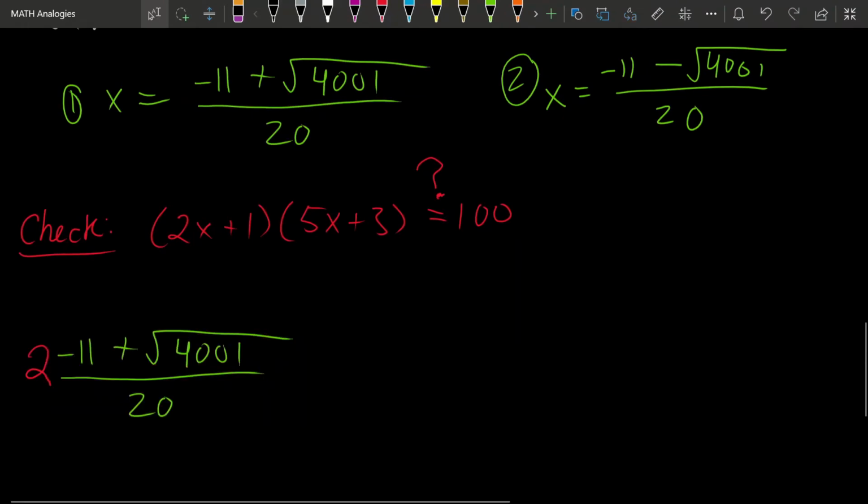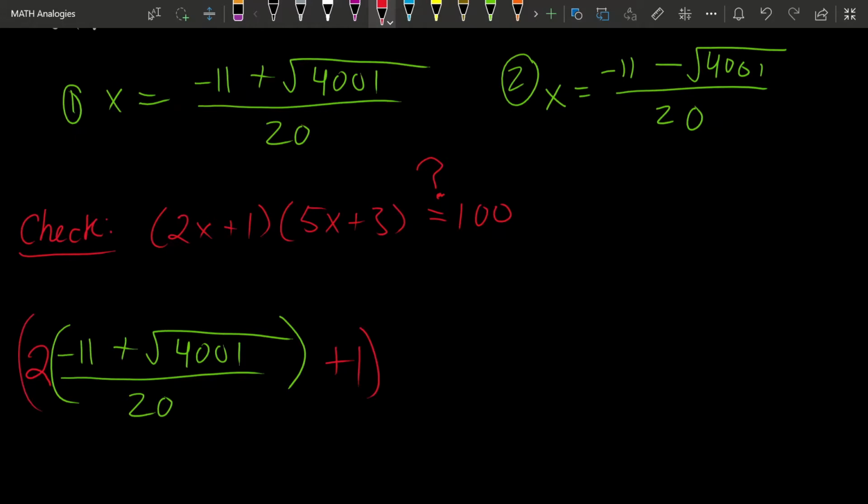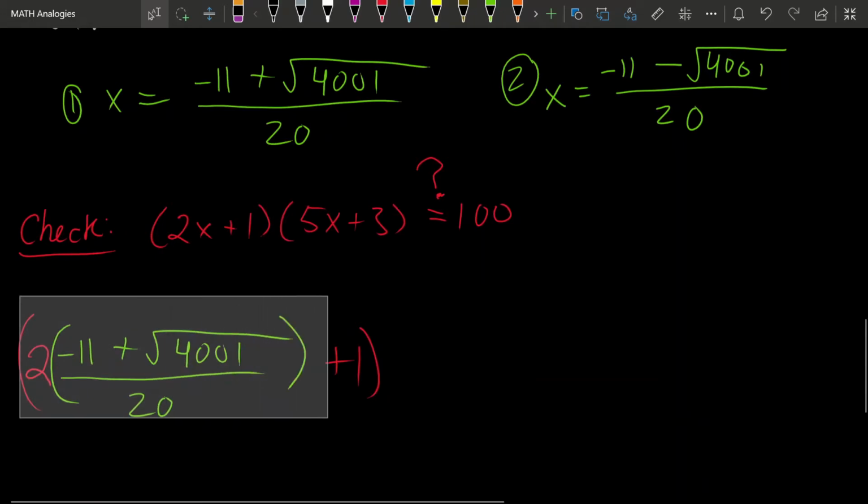Two x plus 1. Alright, see? 2x plus 1. 2x plus 1.